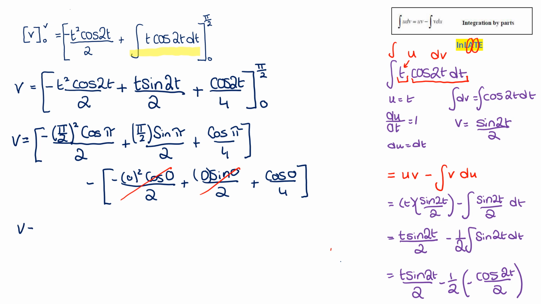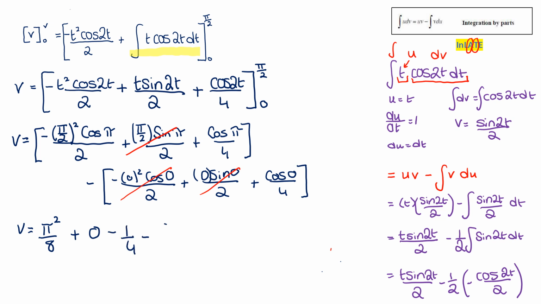So what we end up with here, if we start evaluating it, so minus pi over 2 squared cos pi, that gives us pi squared over 8. Cos of pi is minus 1. And then we have pi over 2 sine of pi. Sine of pi is actually 0, so this whole thing ends up giving us a 0. Plus cos pi over 4, which is minus a quarter.